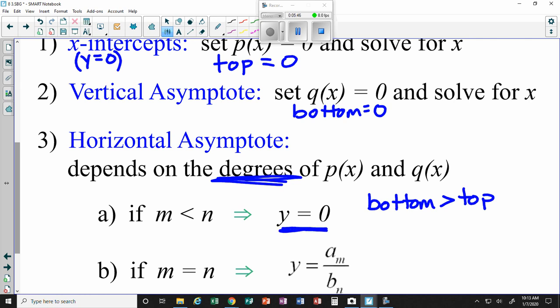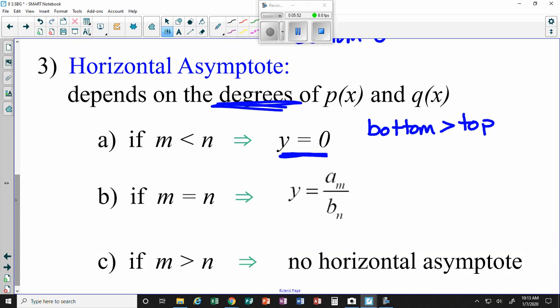If the degrees are equal, that's when you do the leading coefficient divided by the leading coefficient, which we talked about yesterday. That's what this is saying, using the notation up top.